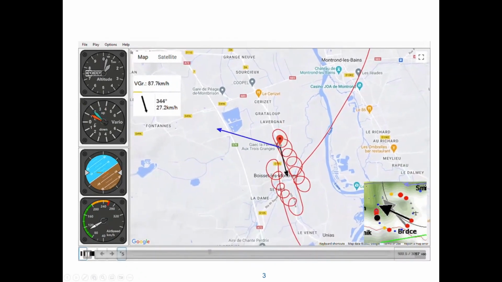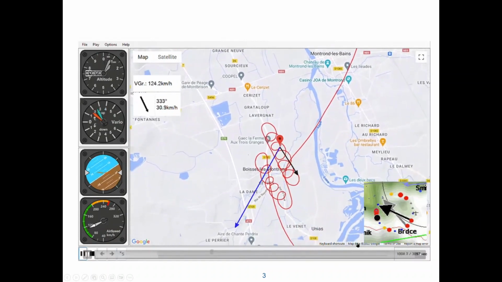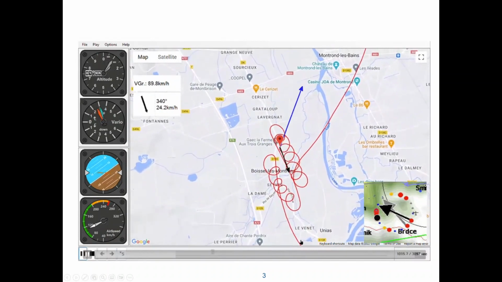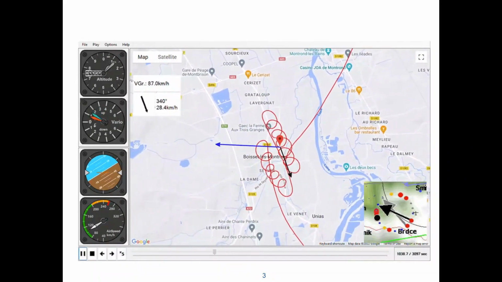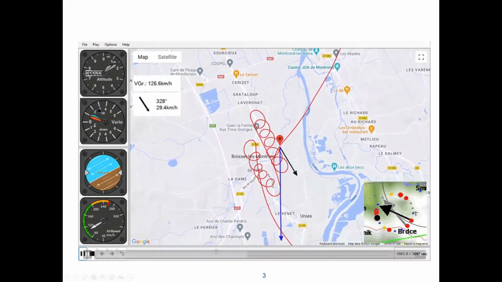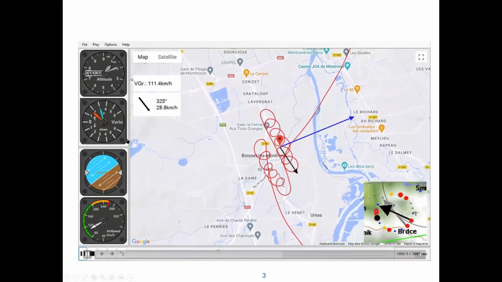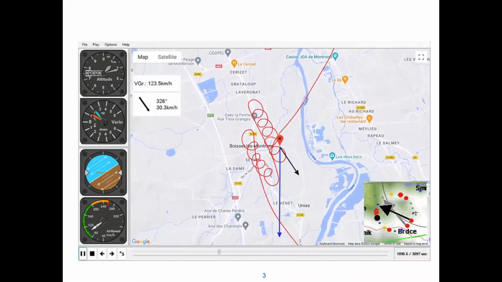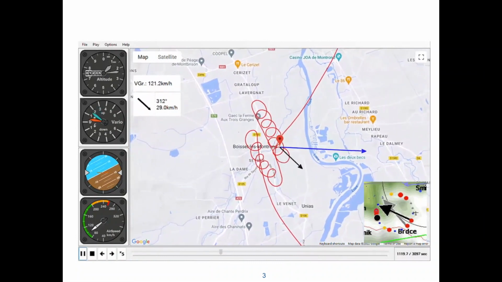What you see here is the wind, the heading, the blue one. You also observe here, we'll see later on another example, that the wind is steady.